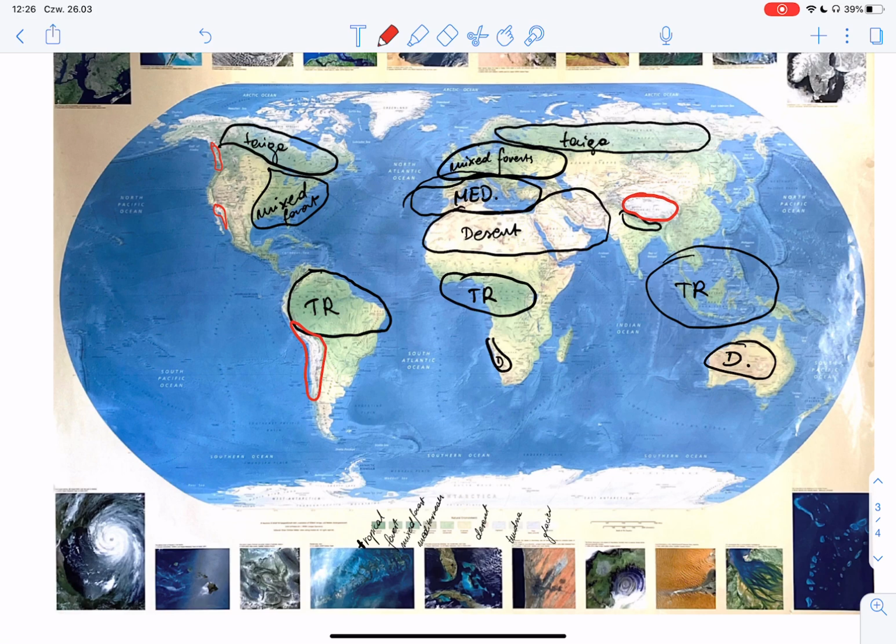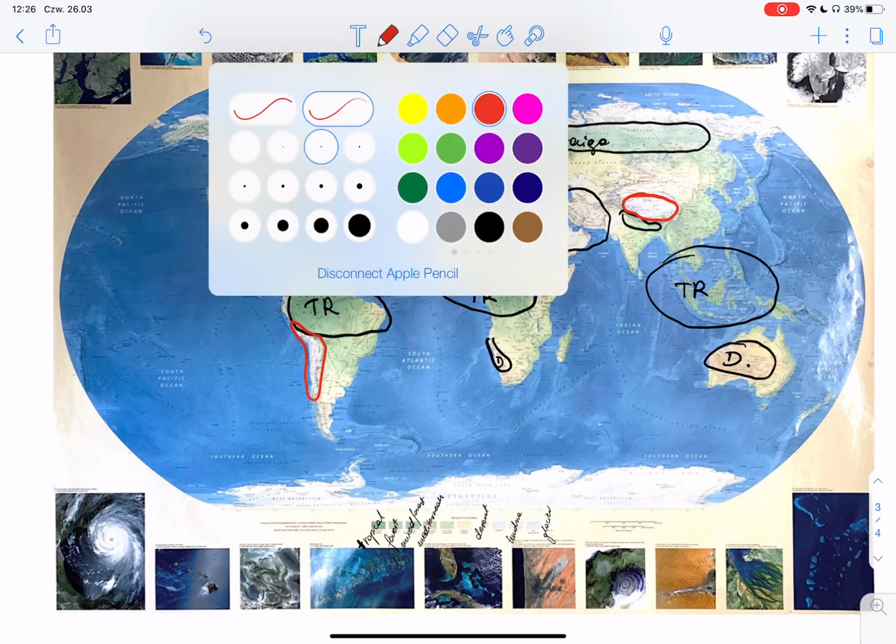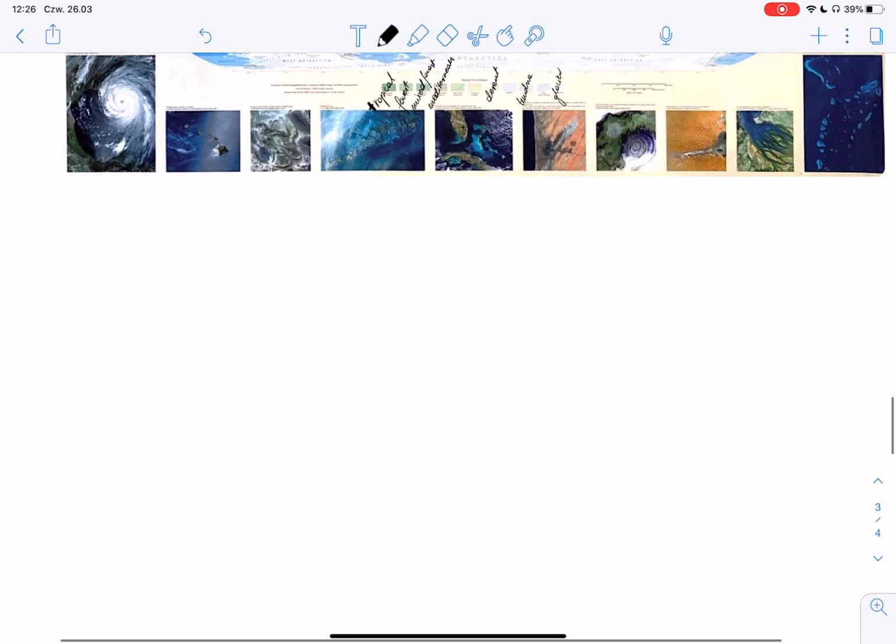And we could actually put this small dot in here where Alpine mountain range is also in some really small place, a subzonal climate.